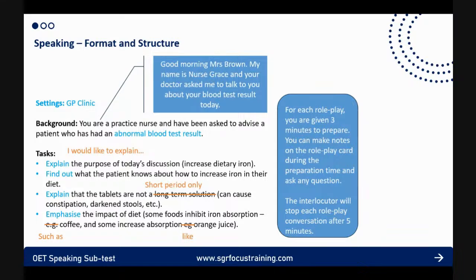Such as on the last one, you can say, I want to emphasize the impact of your chosen diet, or I want to explain to you how important your diet is to your health. So something that says this is very important. So grammar is the difference between an explain and an emphasize.